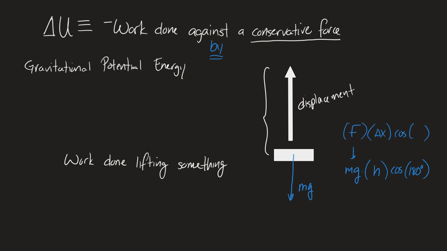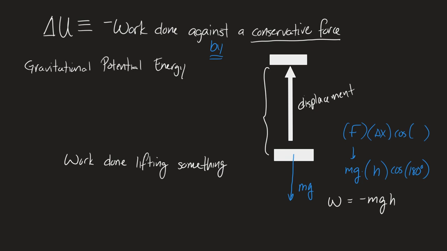Now, that's the work done against gravity, which is going to be minus mgh. And when we're done, the book is now up here. Nothing's really different about the book, except that it's higher than it was before. But because we did this work, we lost energy.